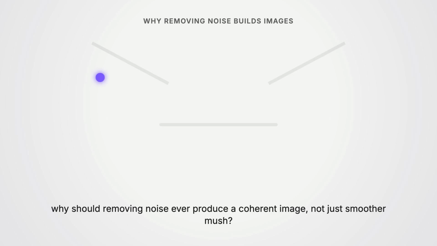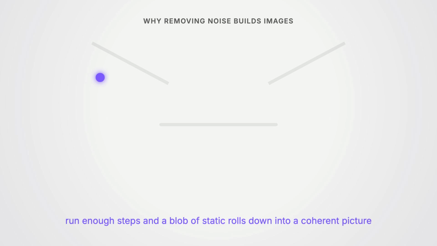But wait, why should removing noise again and again ever produce a coherent image rather than just smoother mush? Here is the intuition, and it is beautiful. Imagine a vast landscape where every possible image is a location, and the height of the land is how realistic that image looks. Real, natural-looking photos sit down in the deep valleys. Random noise sits up on the barren peaks.